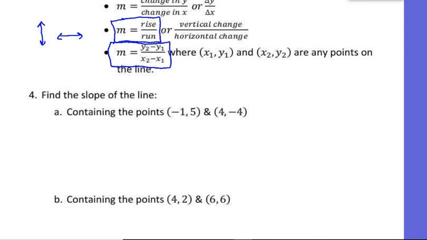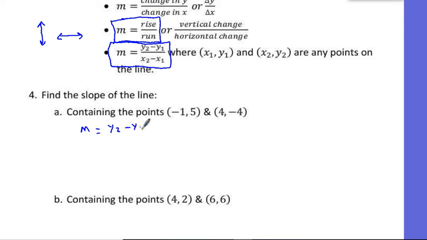So first, I'll give you 2 points and ask you to find the slope. This formula, y2 minus y1 over x2 minus x1, is going to be the most beneficial.